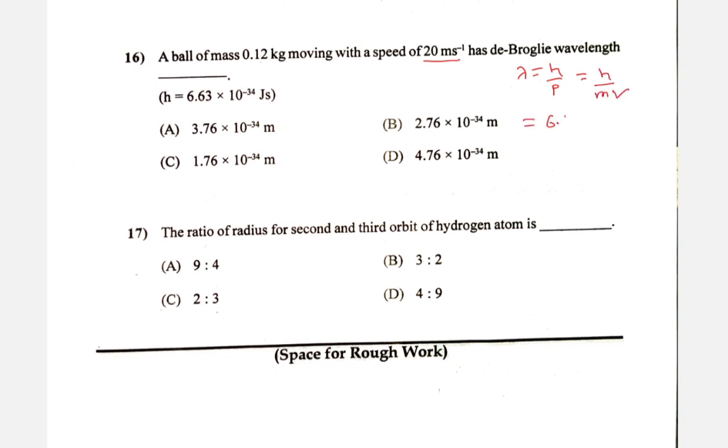So h is equal to 6.63 into 10 to the power minus 34 divided by mass, given 0.12 kg, and velocity is 20. So this answer will be 2.7 into 10 to the power minus 34, B.